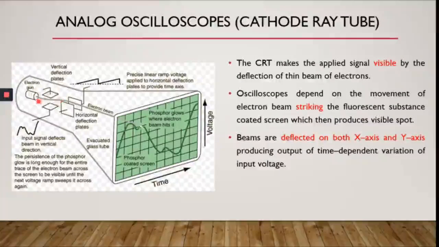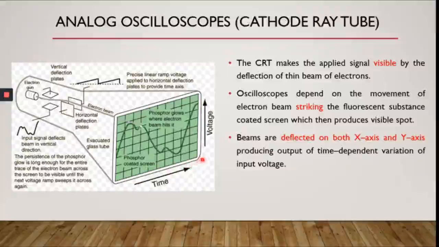The electron gun will produce an electron beam, and the beam will be deflected by these plates depending on the type of input signal that you get, and it will be represented by the display screen here. When the beam hits the screen, it's going to be displayed according to the amount of deflection produced by the signal. So we are going to look into more details after this.